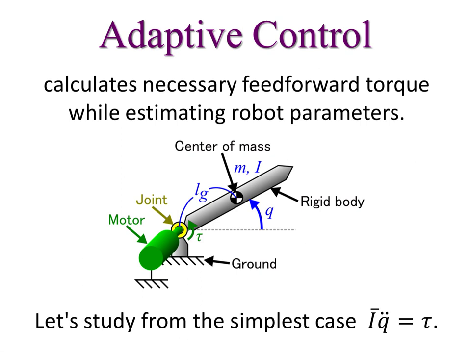The motion equation of this robot would be I bar q double dot equals tau, as in this equation, where I bar is I plus m lg squared, I is the inertia moment of the robot link, m is the mass of the link, lg is the distance from the joint to the center of gravity of the link, q is the joint angle, and tau is the torque exerted by the actuator attached to the joint.